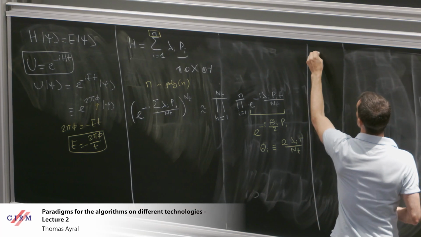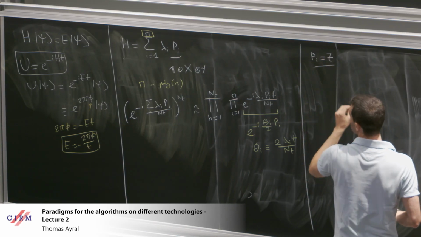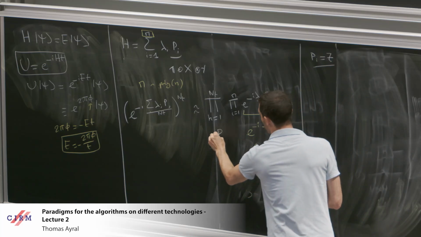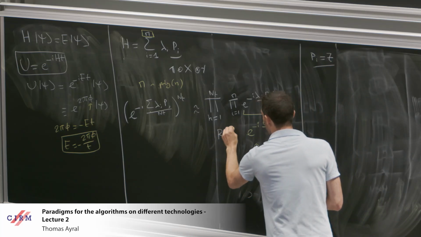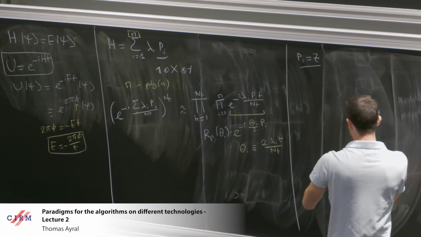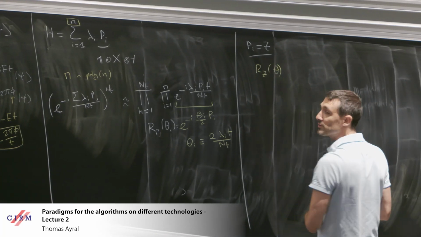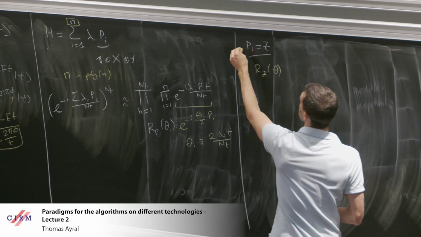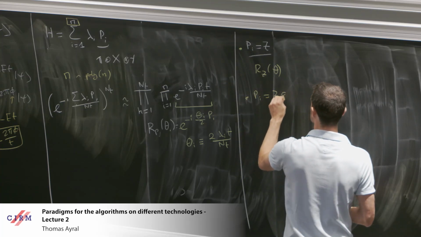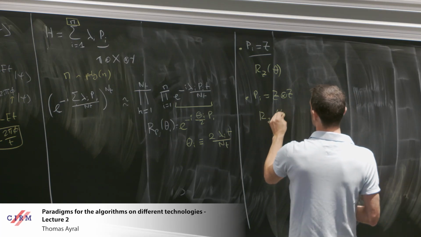Let's take the example of, let's say, P equals Z. Then, let me give a name to this: R_P of theta_i. So P equals Z corresponds to RZ of theta. And RZ of theta, you know already, it's a rotation along the z-axis. Now, a more interesting case would be P equals ZZ, like that. So this is what I can call RZZ of theta.